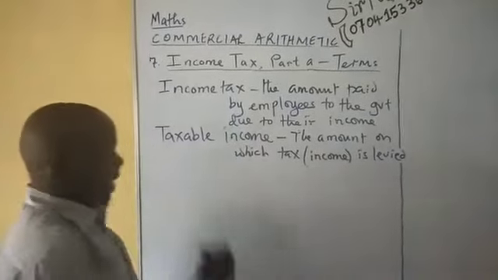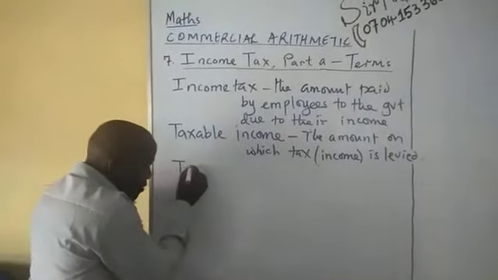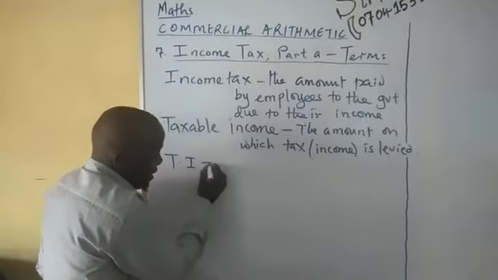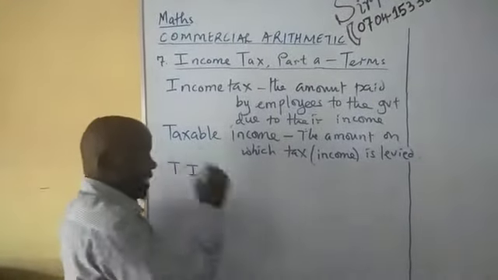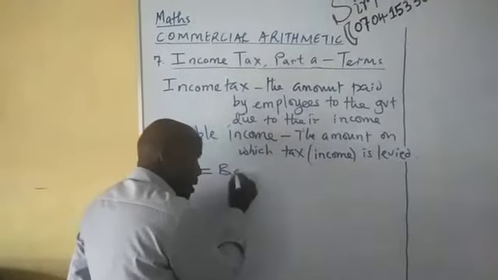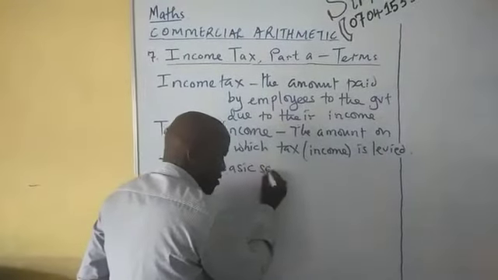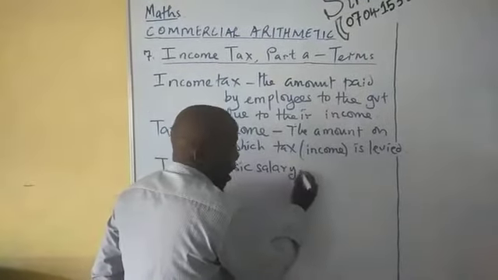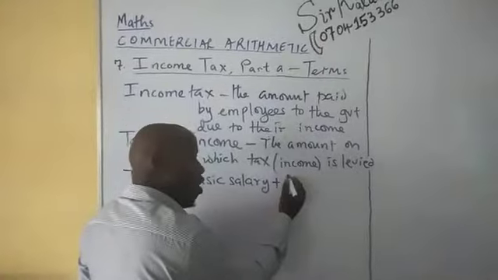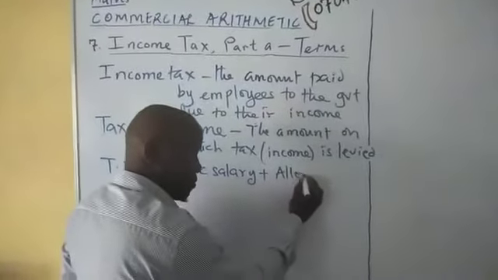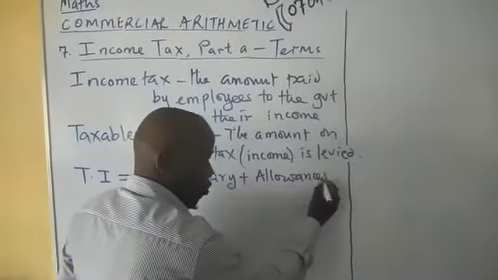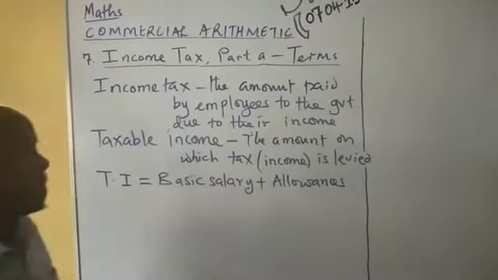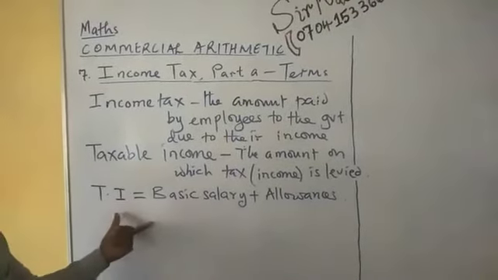And taxable income is calculated by taking the individual's basic salary plus all the allowances which are enjoyed by the given employee.